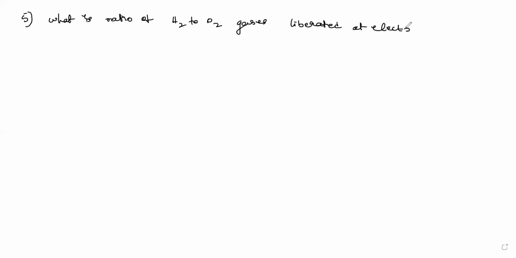What is the ratio of hydrogen to oxygen gases liberated at the electrodes by volume during the electrolysis of acidulated water?